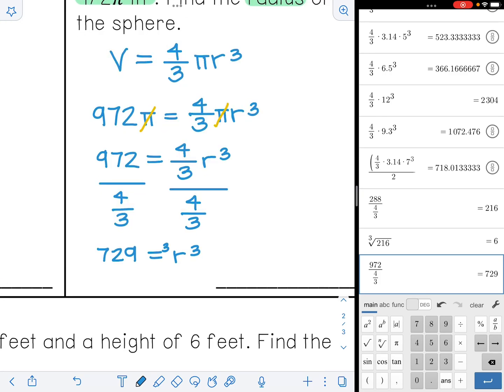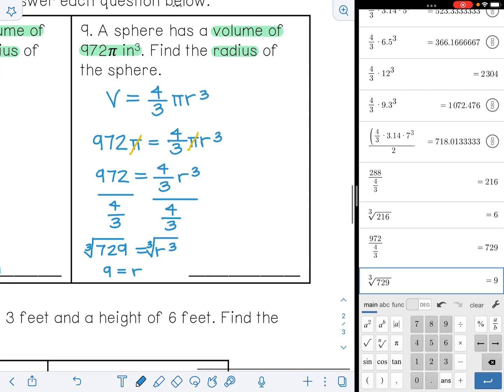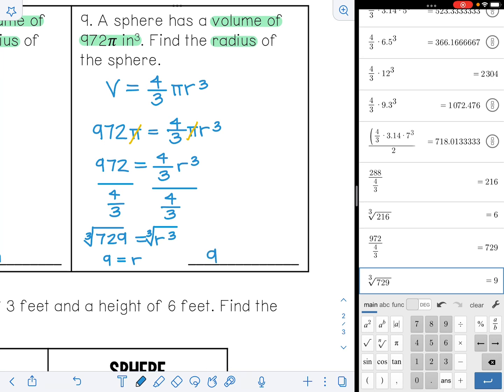To undo a number being cubed, we will take the cube root of both sides. So n square root button, 3 on the outside, 729 on the inside, and that comes out to be exactly 9. So the radius of this sphere is 9 inches.